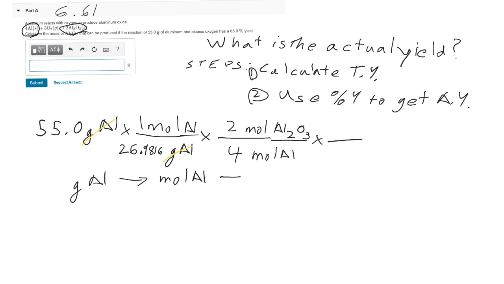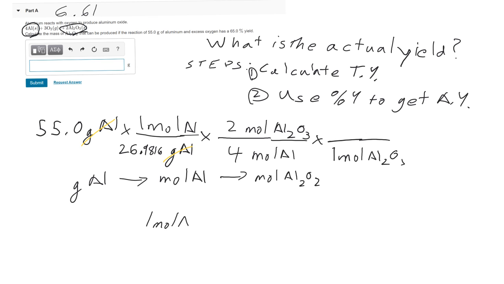We're not wanting moles of aluminum oxide. We're wanting grams of aluminum oxide. So we're going to get rid of our moles of aluminum oxide by going to our periodic table and calculating the molar mass.